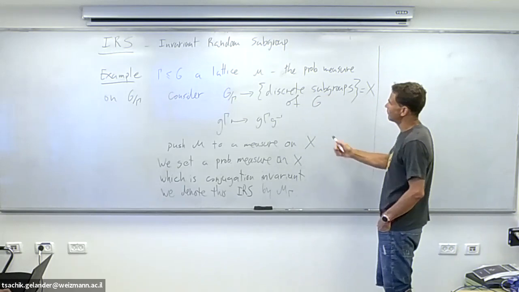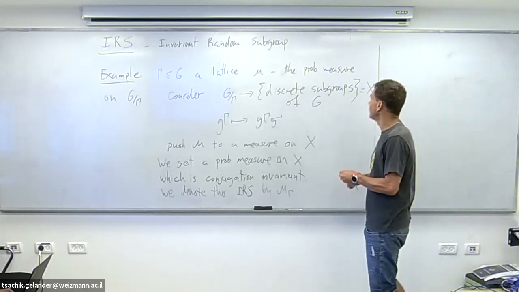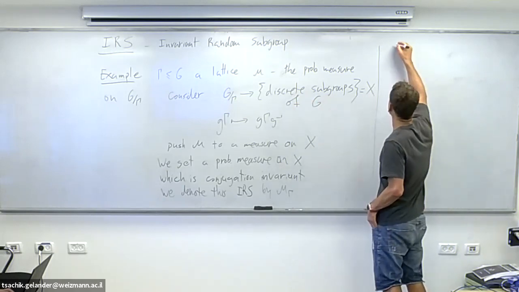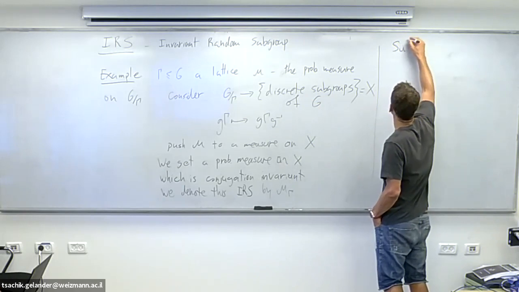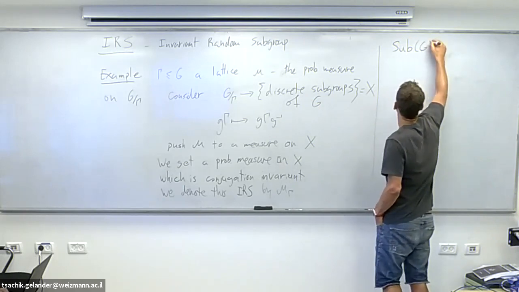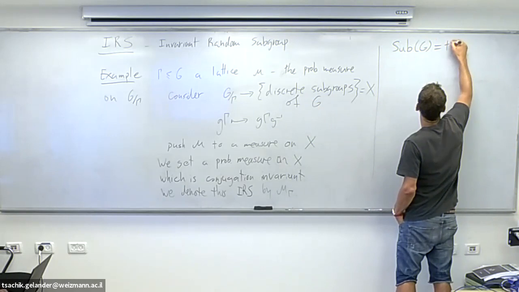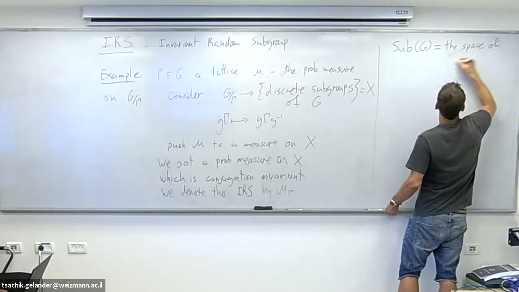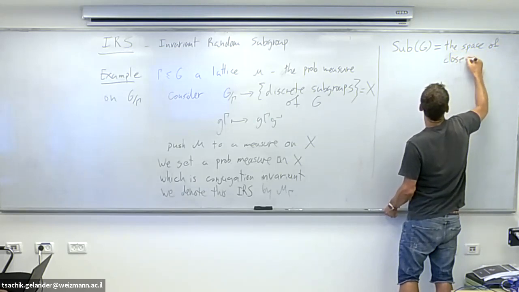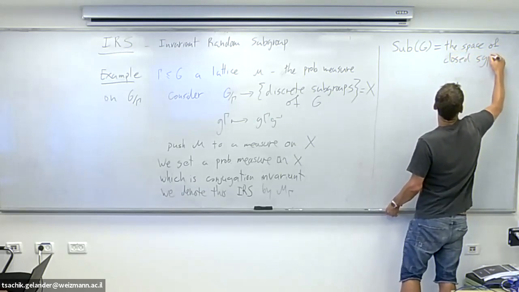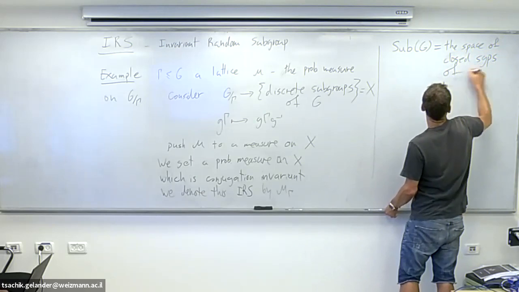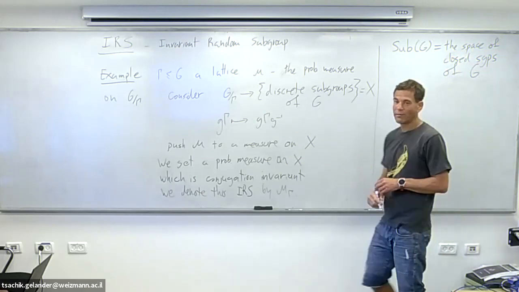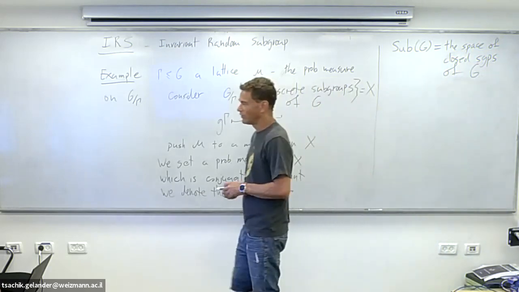So we can forget about discrete for the moment and denote by Sub G the space of closed subgroups, and we define it for every topological group.